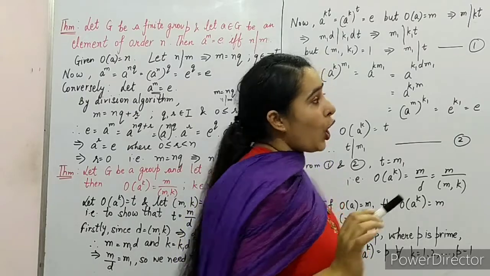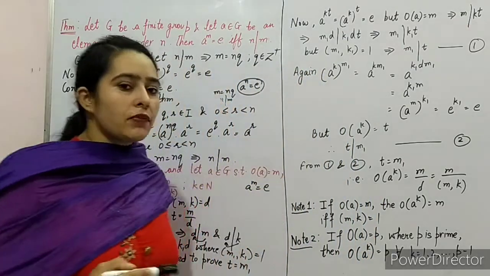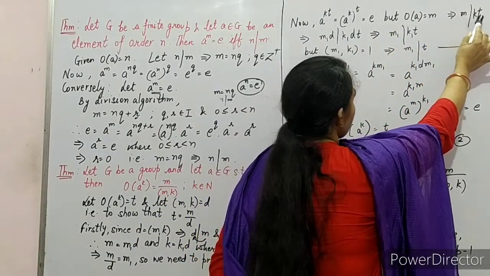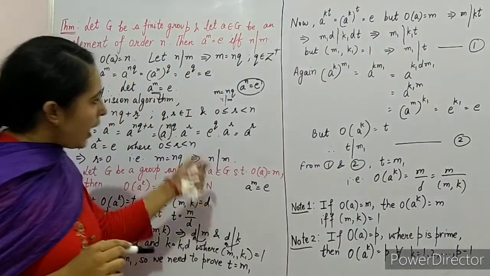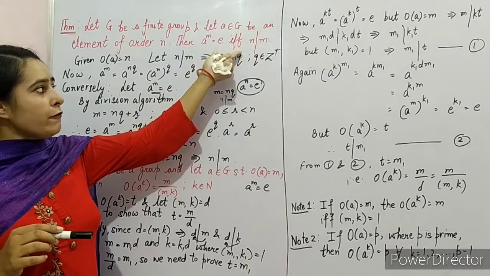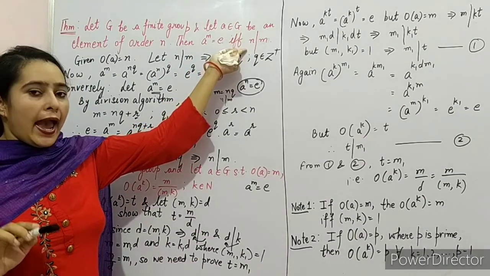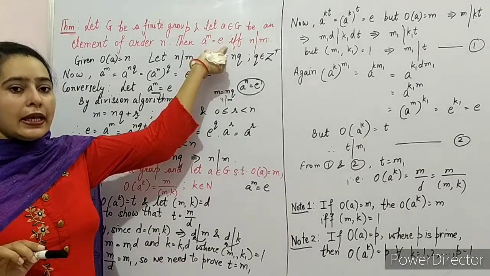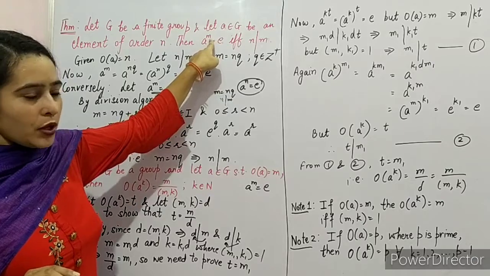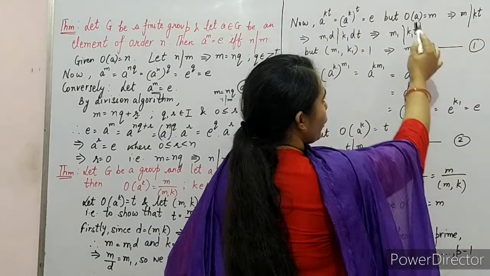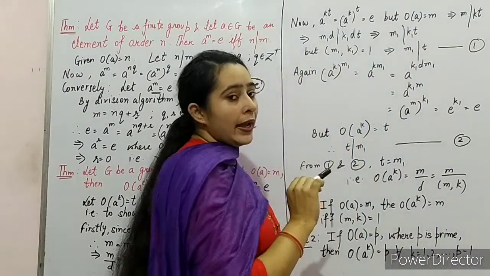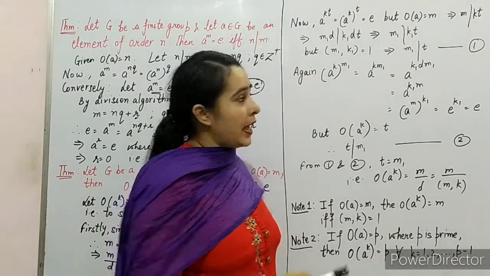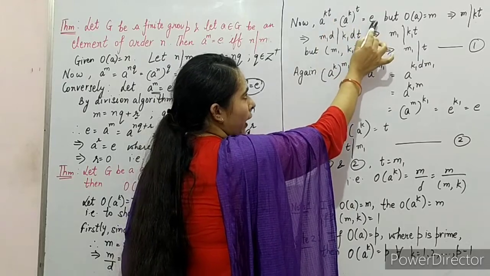But we know that the order of a is equal to m. This is given to us. If the order of a is equal to m, this implies m divides kt. We have already proved that if any number other than the order satisfies this property, then the order must divide it. So here also the order of a is equal to m, and another number kt satisfies the same property, that a raised to the power kt is equal to identity.